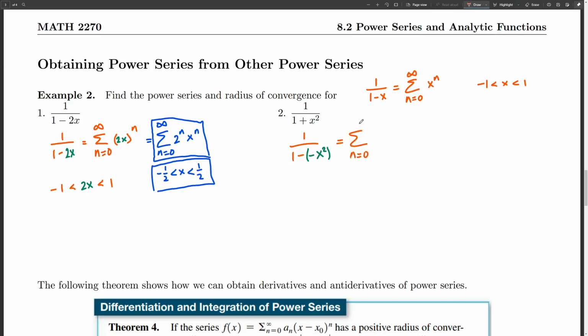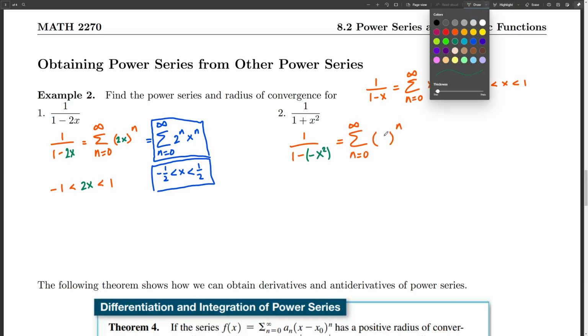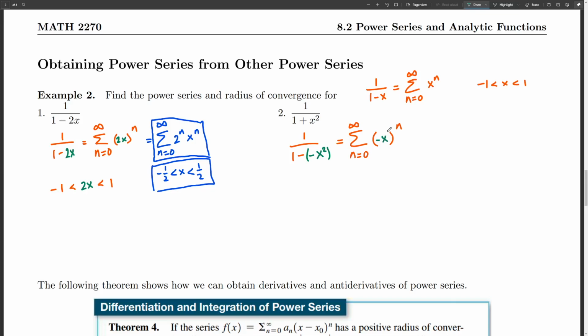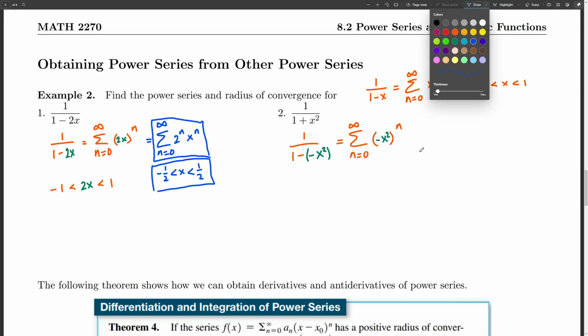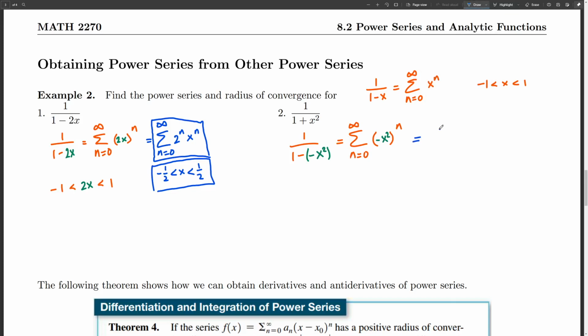N equals 0 to infinity, and then instead of x to the power n, I now write negative x squared to the power n. And then again, I can rewrite that as follows.